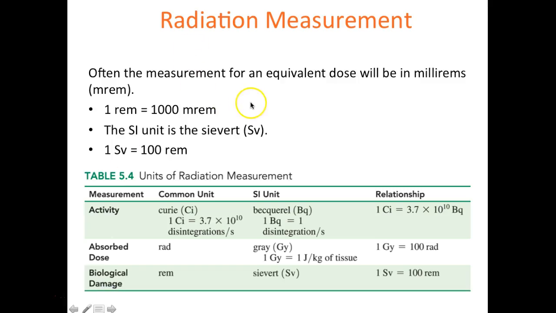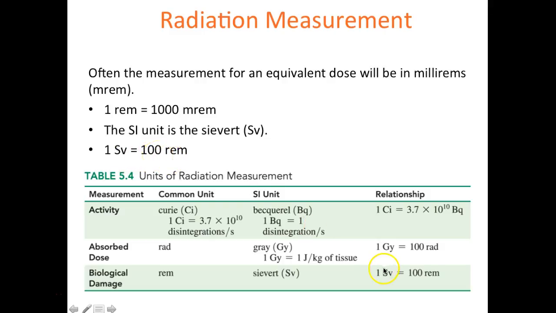So the equivalent dose in millirem, that's 1 rem is 1,000 millirem. Now the SI unit for measuring the equivalent dose in humans is the Sievert, Sv, and that's equal to 100 rems.